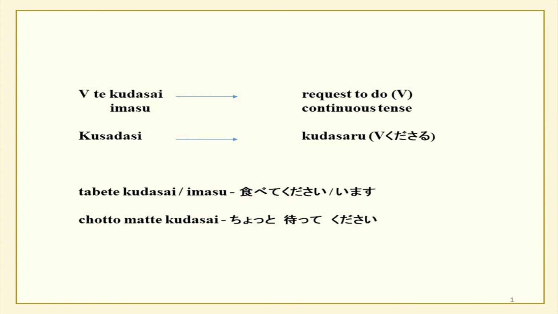So, when we say tabete kudasai, it means please eat, as the verb used there is taberu, which means to eat, or we can say chotto matte kudasai, which means please wait, and the verb used there is matsu, which means to wait. So, basically when you use verb in te kudasai form, kudasai is please and the meaning comes from the verb that you are using.